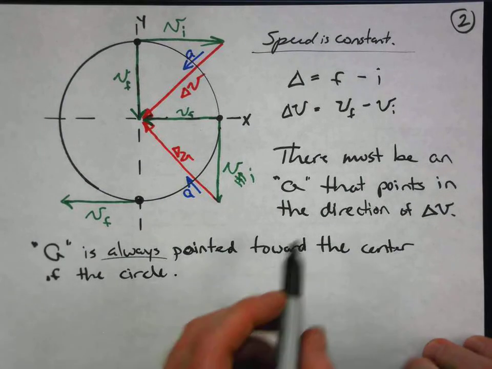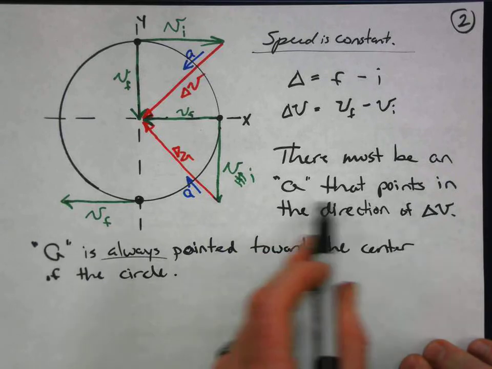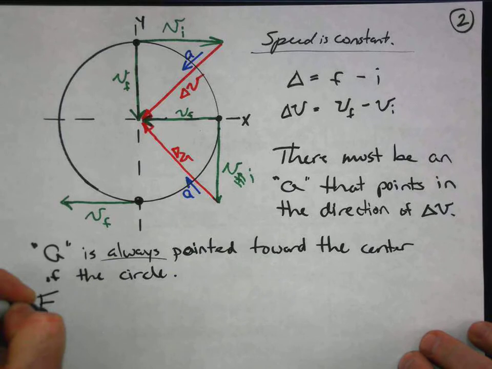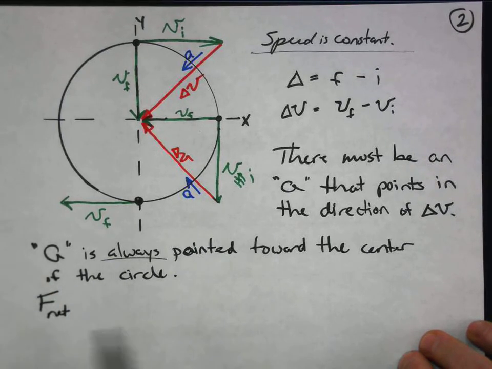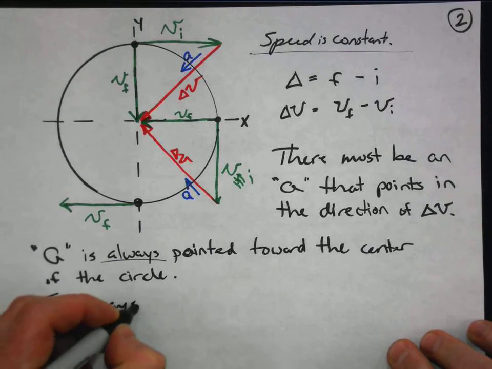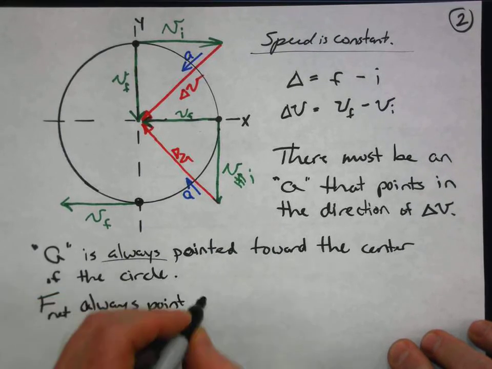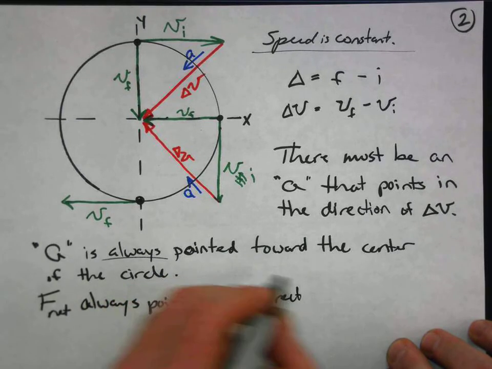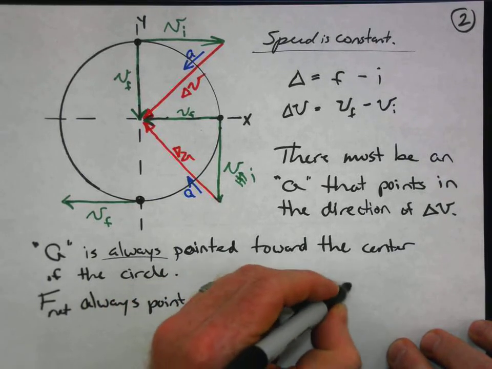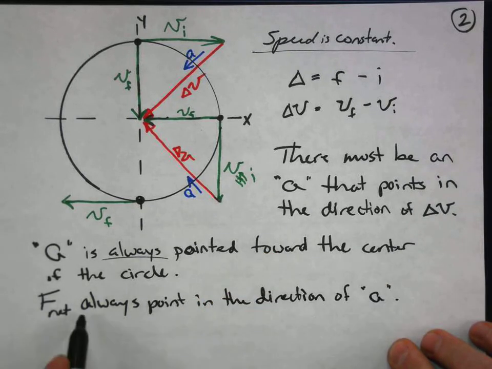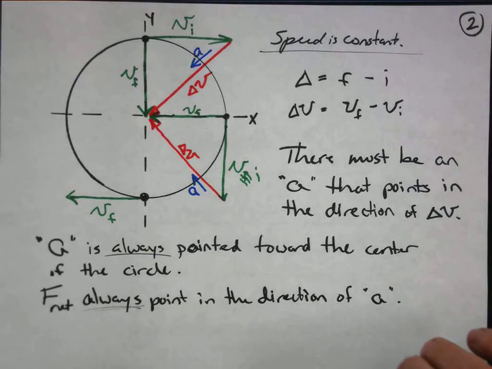Kind of following along the lines of this argument for the acceleration, we have to say that the net force will always point in the direction of the acceleration. Always. The two are tied together. They're both vectors. The direction totally matters.